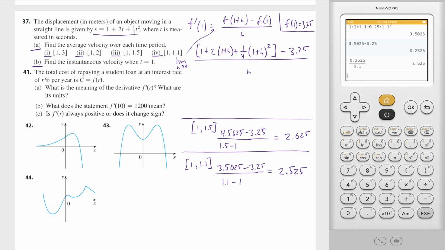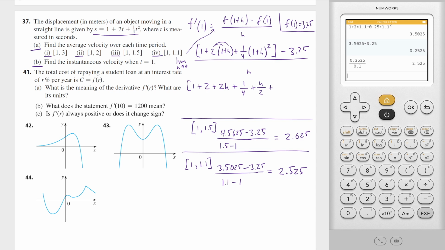Okay, so let's see. I'm going to have to square this out. And so I'm going to have 1 plus 2 plus 2h. I get that when I distribute here. And then 1 squared is 1. I'm going to go ahead and multiply by the 4th, so I don't have to write out another step. And then 2h becomes h over 2 when I multiply by a 4th.